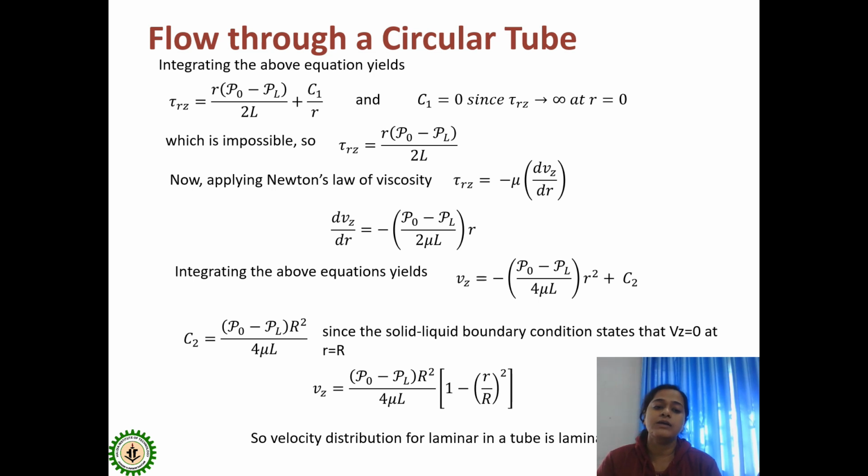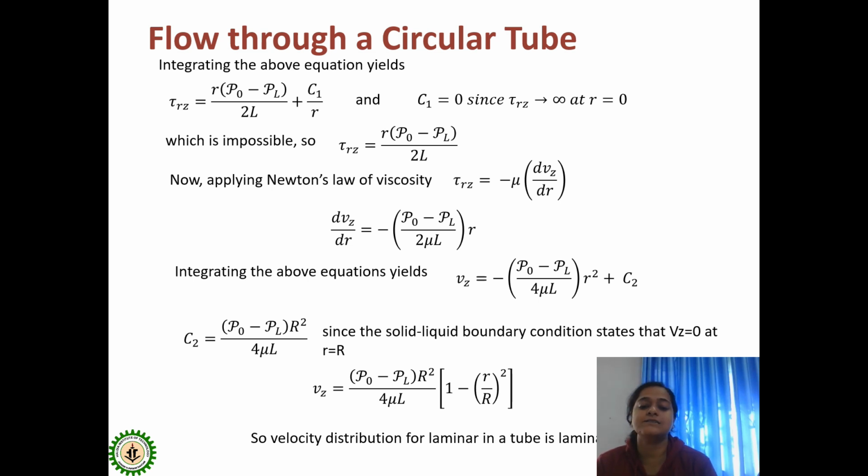Then we obtain the value of the integration constant by taking the boundary condition for liquid-solid cases, Vz equals 0 at r equals capital R. Putting this into the equation, we get C2 equals (small p0 minus small pL) capital R square divided by 4 mu L. Putting the value of C2 in, we get the velocity distribution of flow through a circular tube: Vz equals (small p0 minus small pL) capital R square divided by 4 mu L, into 1 minus (small r by capital R) whole square.